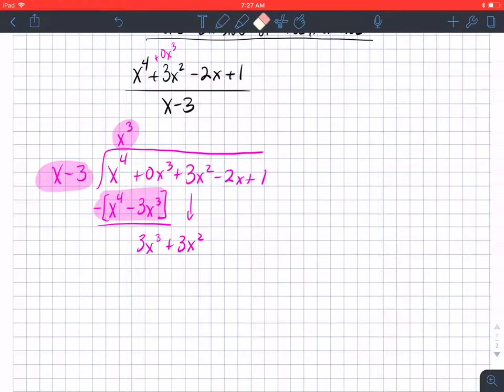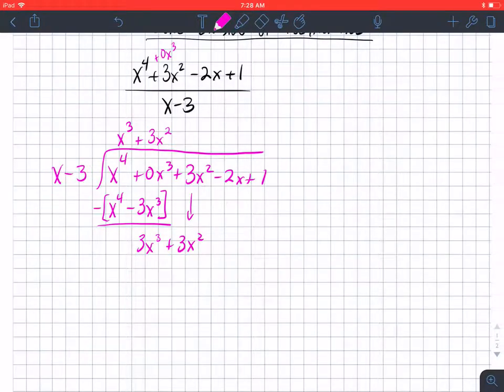So once again, our same set of operations as we did before. How many times does x go into 3x cubed? And so goes into means we're dividing. So 3x cubed divided by x is 3x squared. And then I multiply my 3x squared term by my x minus 3 term, and I write the result underneath.